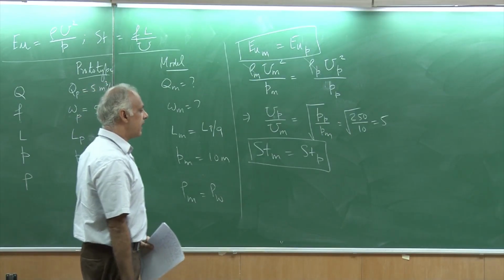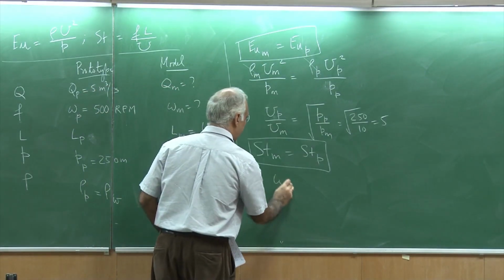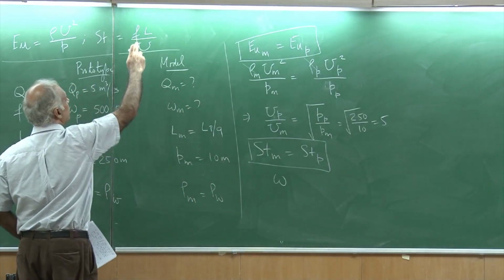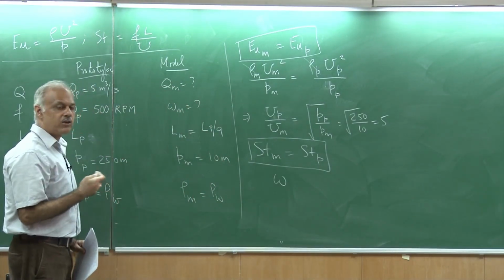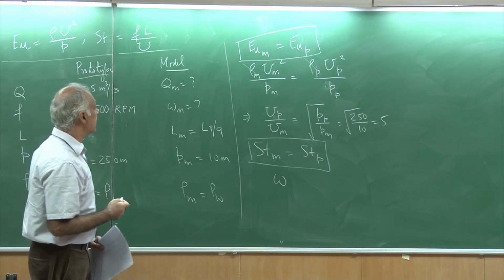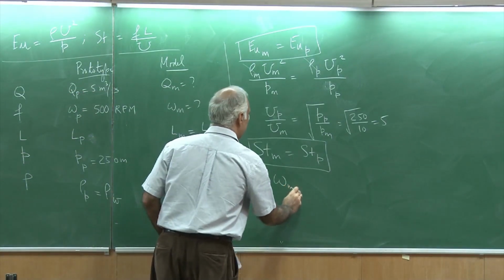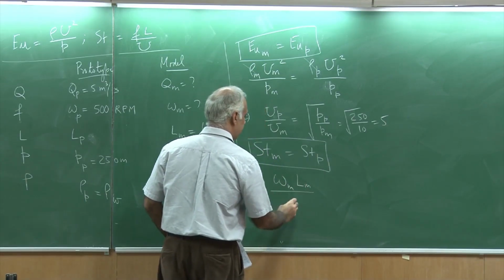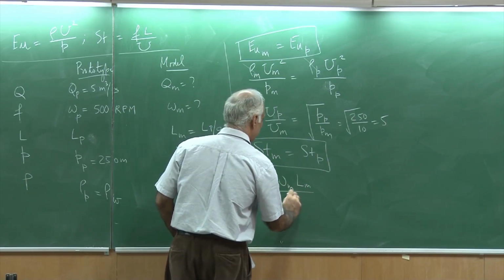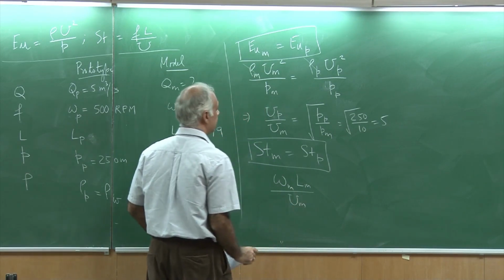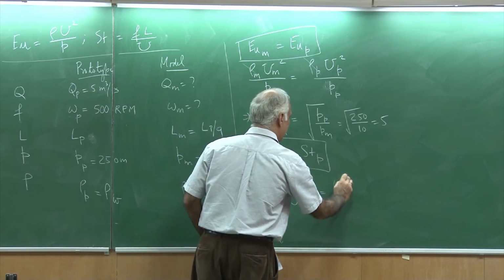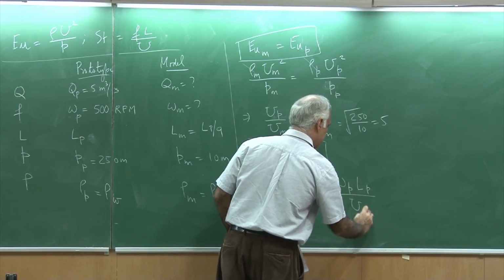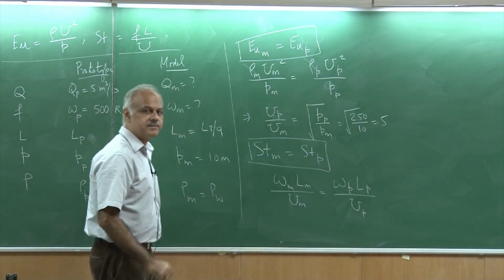Now, let us work out what the similarity with respect to the Strouhal number gives us, and this would imply that if I look at omega, I could replace this f with the angular speed on both sides for the model and prototype. So, omega for the model times the length scale for the model divided by the u for the model should be equal to omega for the prototype, length for the prototype, and u for the prototype.